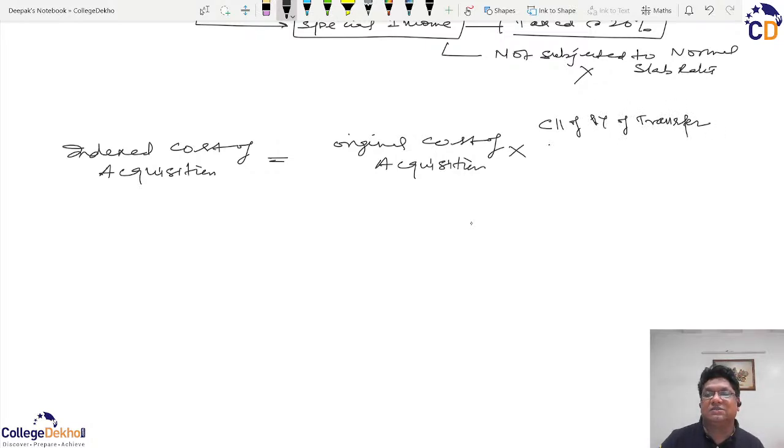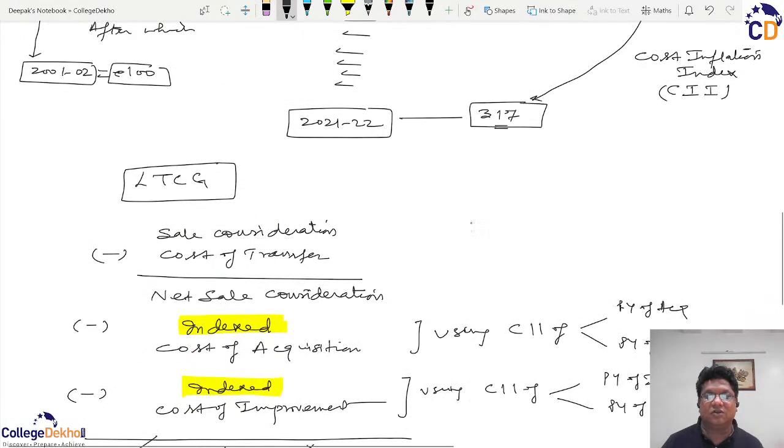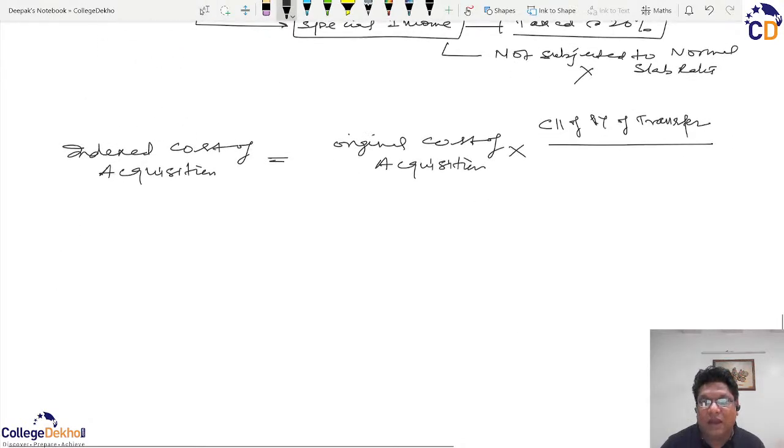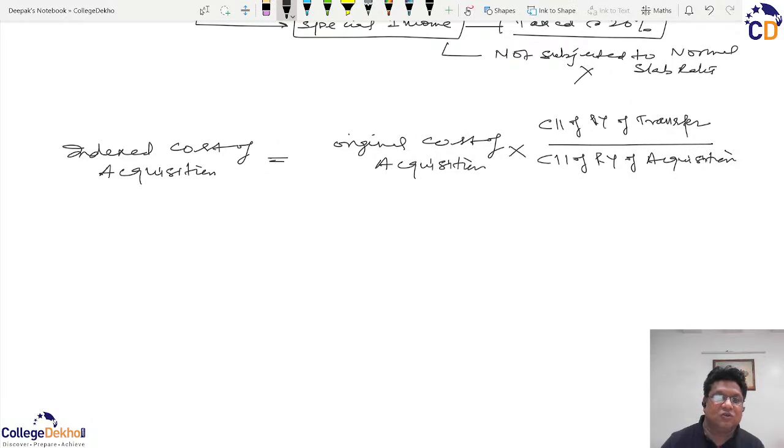And in our case it was 317, as I have shown earlier, for the previous year 2021-22, that is assessment year 22-23, divided by the CII of the previous year of acquisition.